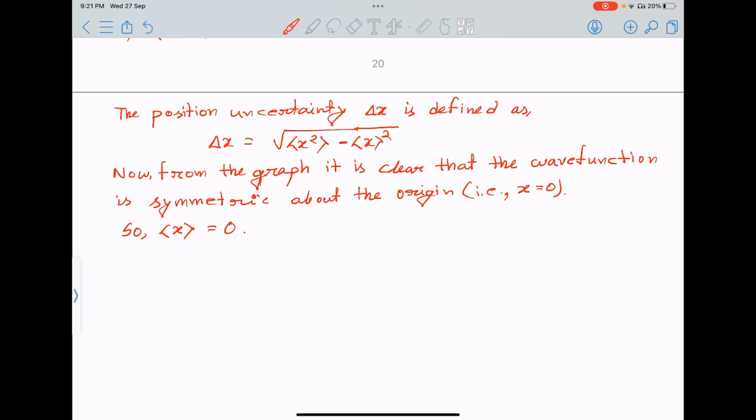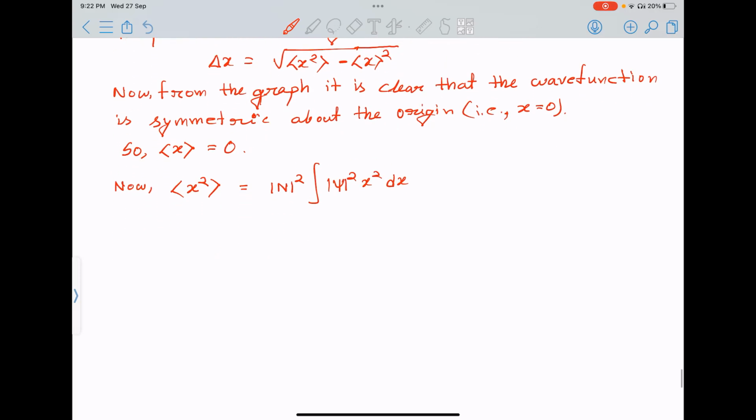So now expectation value of x square equals to modulus of n square integration modulus of psi square x square dx. So it will give me n square.